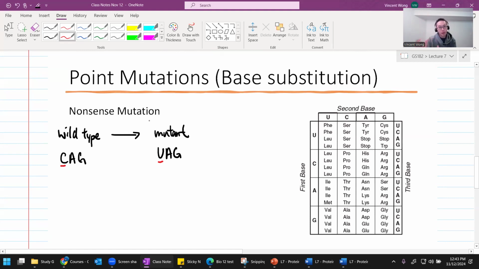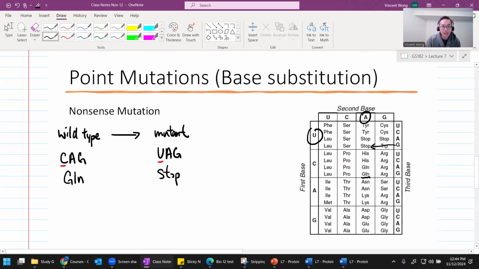Okay, I'm just doing the RNA transcript to make it easier for you to follow. So CAG, that's going to be GLN, and UAG. You should remember UAG is one of the stop codons.